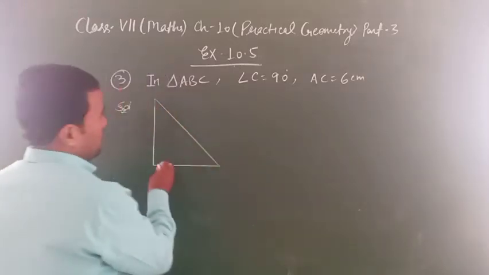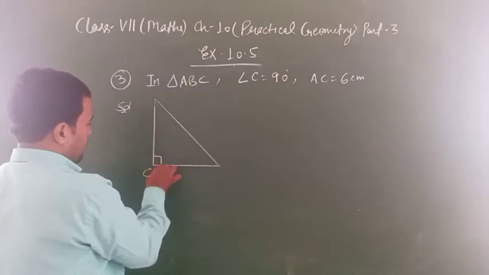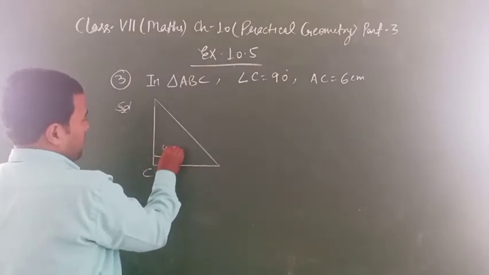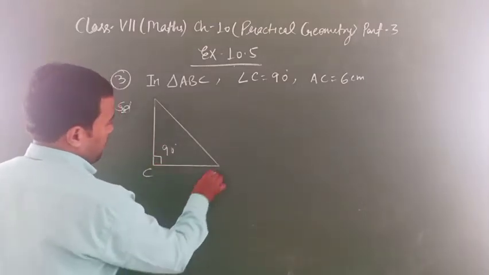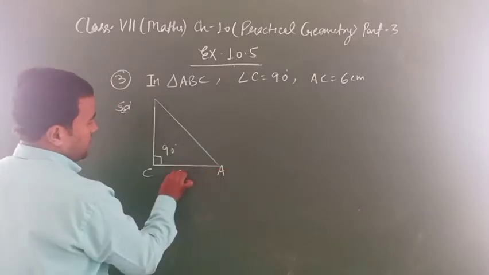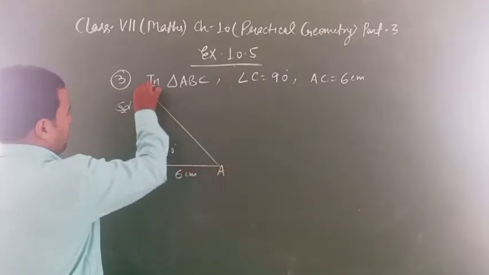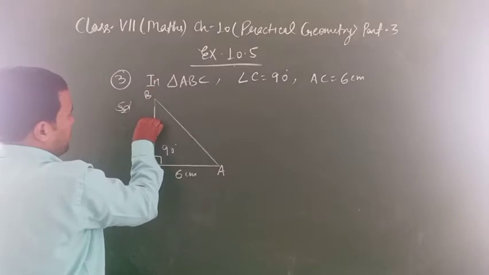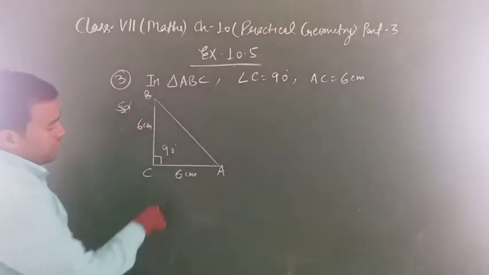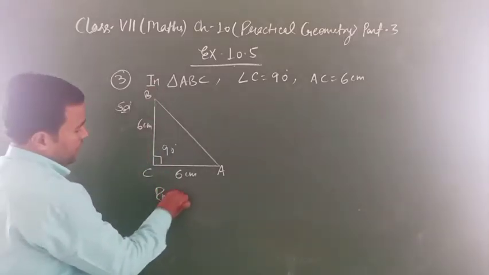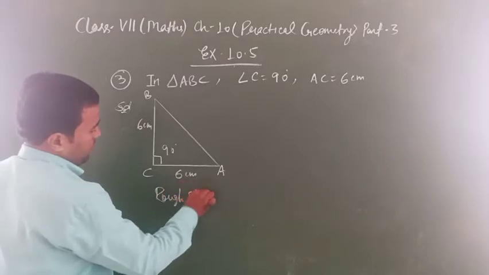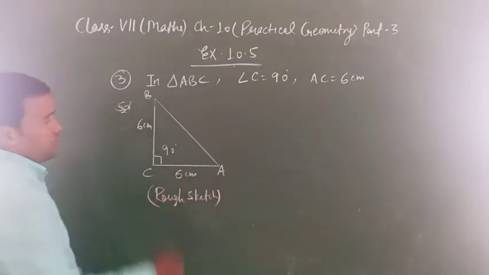Okay, it is angle C 90 degree, AC 6 centimeter, BC 6 centimeter. Clear? It is a rough sketch.